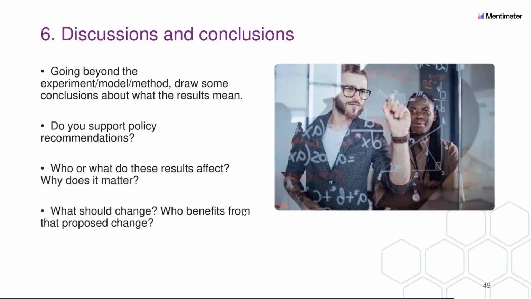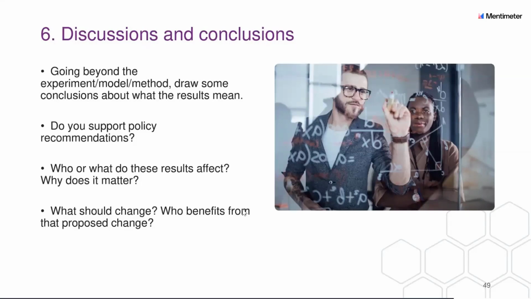Who benefits from any proposed change, and also who suffers from any proposed change? That's often not specified. We say things like, this tax policy will make these people so much better off. Okay, but who's worse off? And do we think those are the people who need to be worse off or not? It helps to be explicit. You might not be very popular, but at least in your own paperwork, you need to write down explicitly.